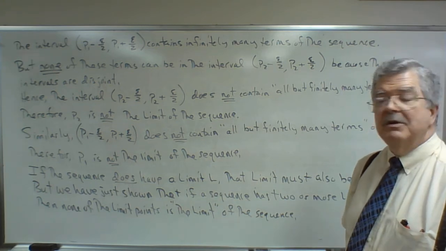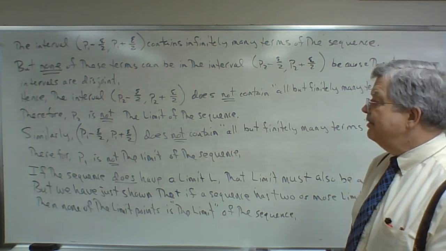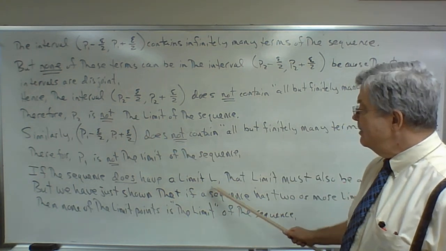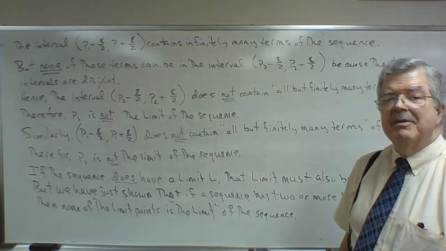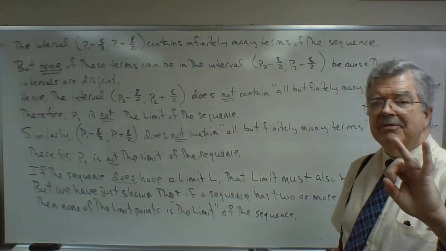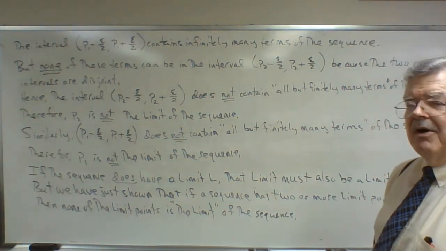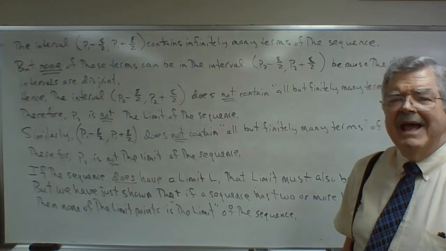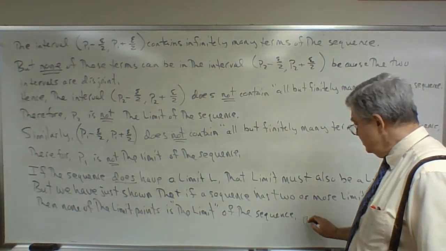Essentially, we'll go through this entire process again with the limit point P2 and the limit point L, which we'll call P3. And we'll show that P2 can't be the limit of the sequence, and L, alias P3, can't be the limit of the sequence either. So any sequence that has two or more limit points has to diverge. It can't converge.